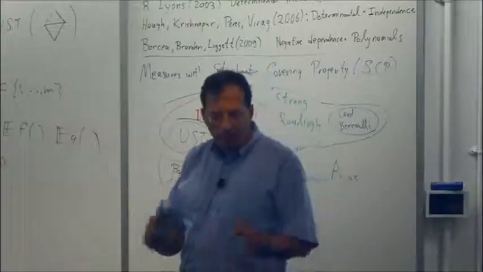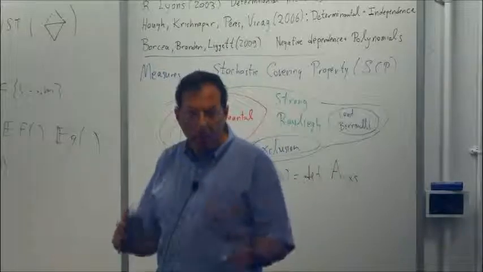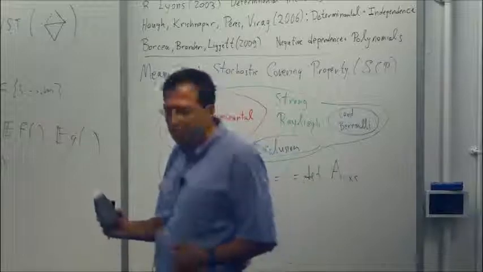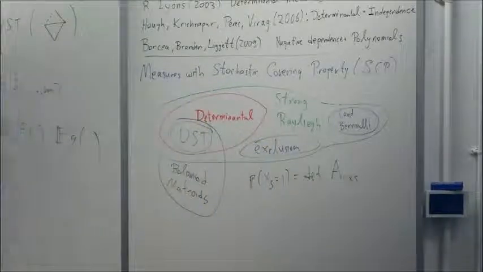Once you have stochastic covering, you don't need it, but you get a weaker estimate without the homogeneity. Because this is a convex set, the measures which satisfy SCP. I was wondering, what are the extremal ones? Okay, all right.